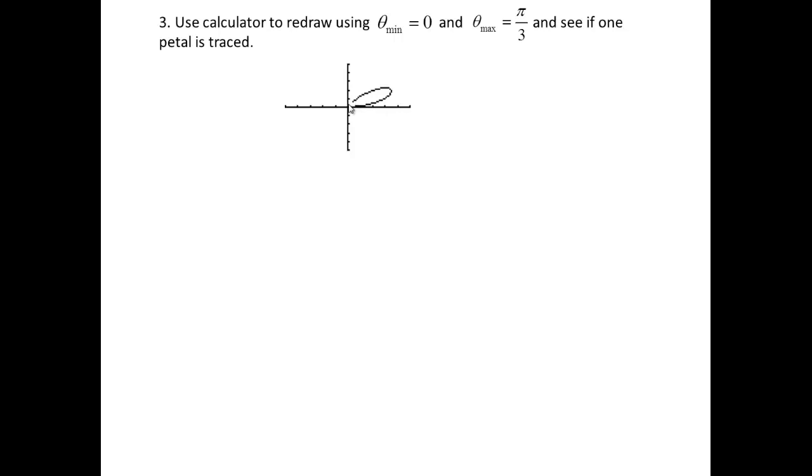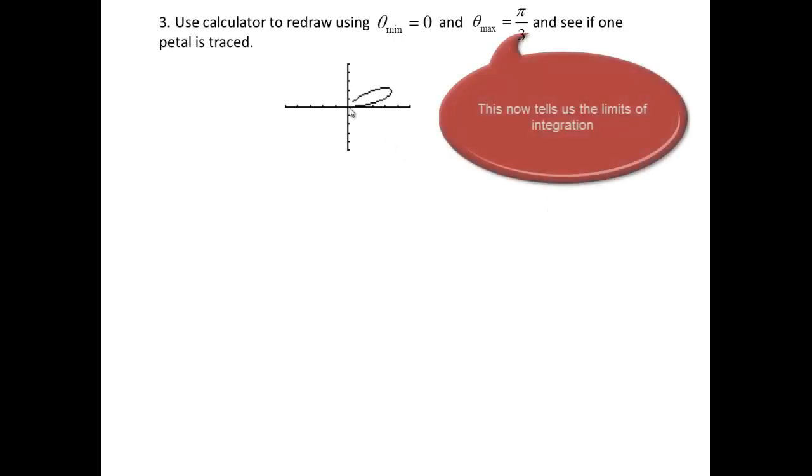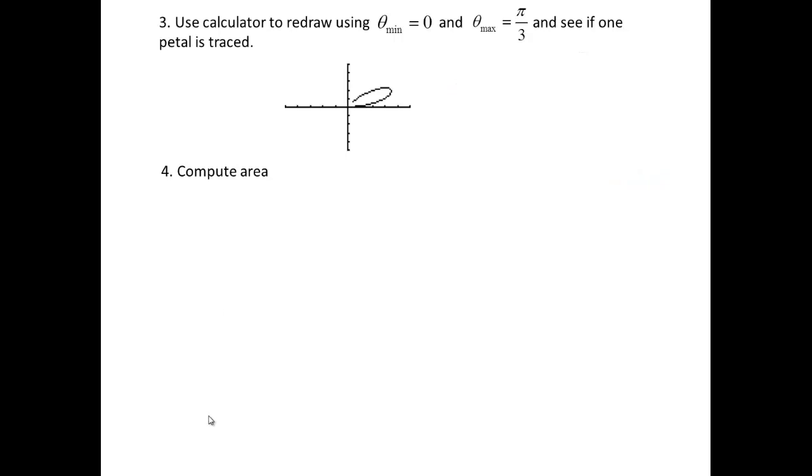I'm not going to worry with that. I trust the trig. I trust my ability in solving that trig equation. So I do believe that a theta min of 0 to a theta max of pi over 3 does produce that petal that is living in quadrant 1. So that means all we have to do now is just compute the area.